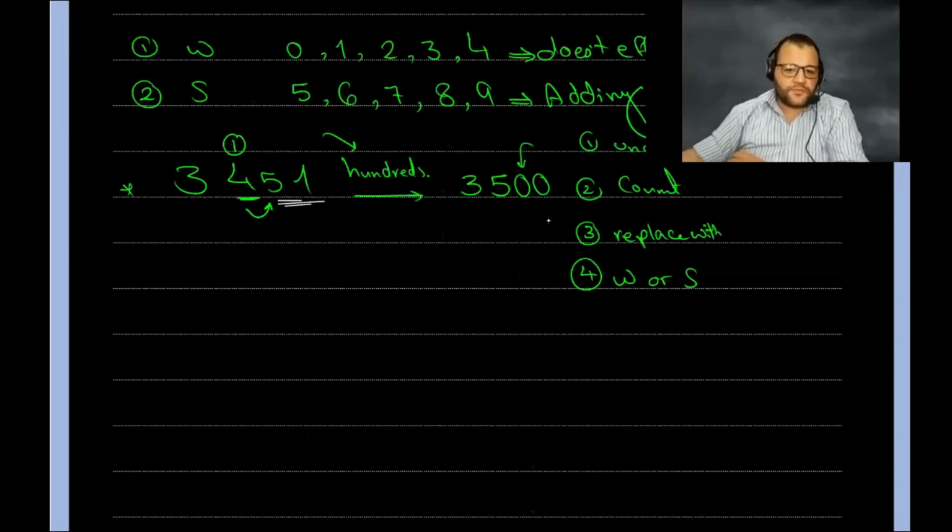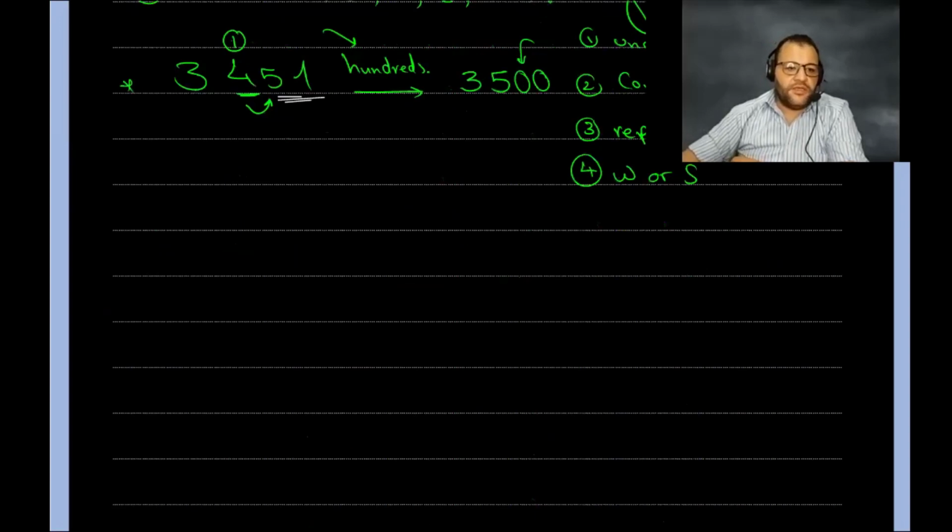So again, what is the meaning of that? Suppose that we have the number 7. Is 7 closest to 0 or closest to 10?